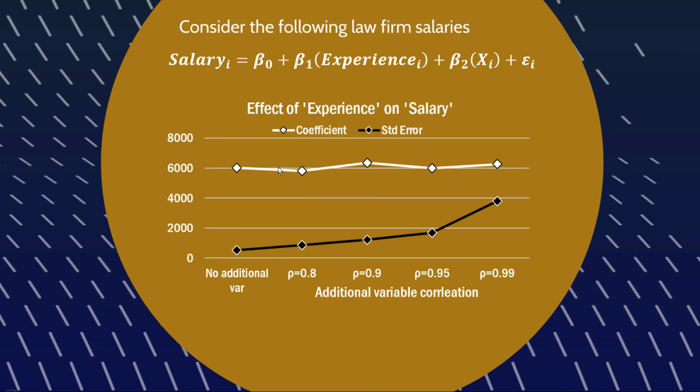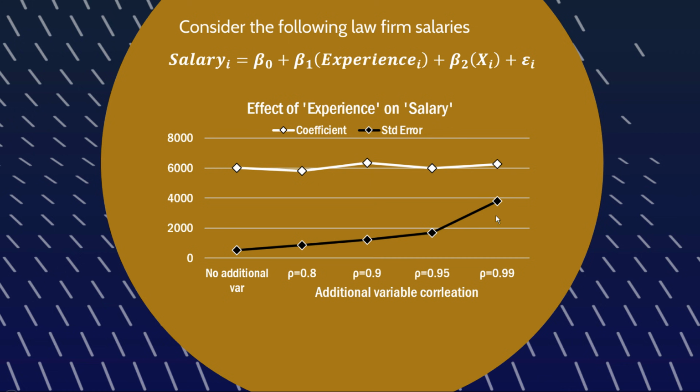So this is empirically showing what I was telling you in the beginning of this video, that the coefficients are still unbiased in the presence of multicollinearity. So this beta 1 didn't change very much, a little bit of fluctuation, but certainly no structural change given this correlation. But the standard error did ramp up significantly.